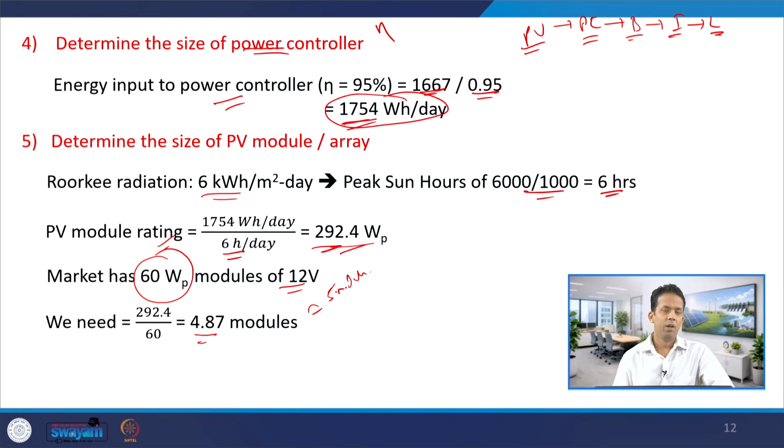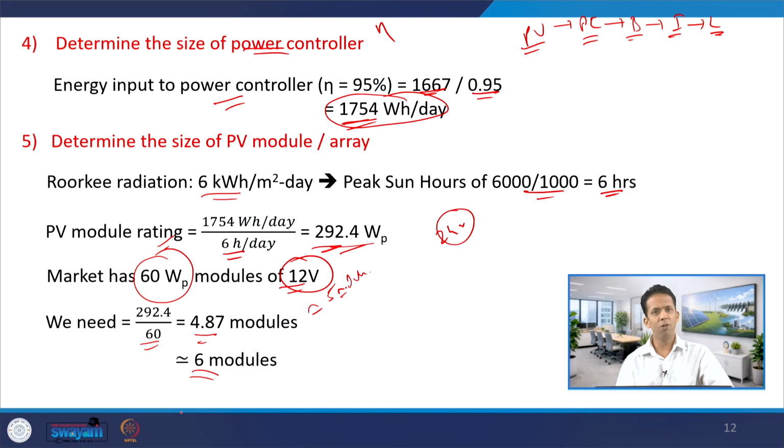Now, it will be difficult to connect 5 modules of 60 peak watt and 12 volt in series and parallel to obtain a 24 volt system. To avoid that situation, the thumb rule is to round it off to the next even number. After 5, the next even number is 6.